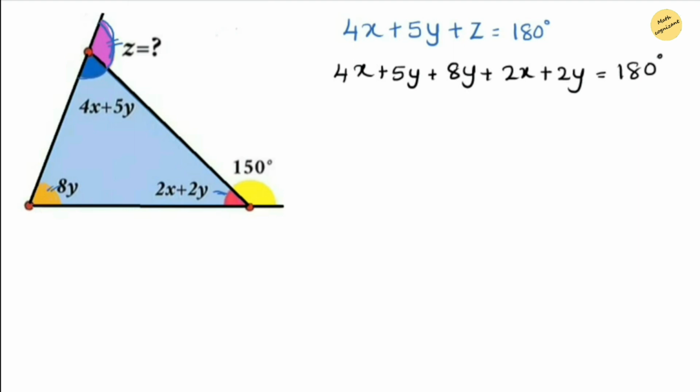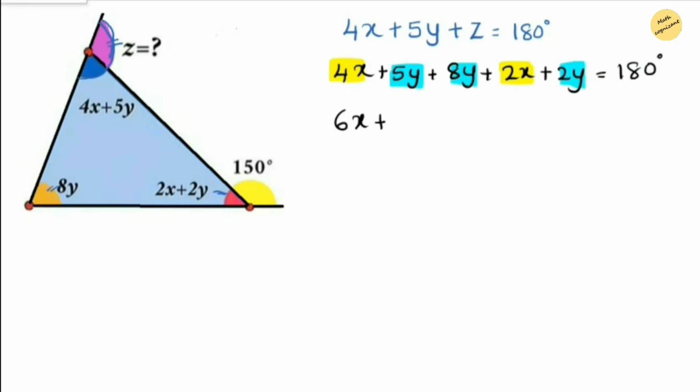Now let's simplify this equation using the like term property. So 4x and 2x are the like terms. Let's add them together. It gives you 6x, and 5y plus 8y plus 2y gives us 15y.